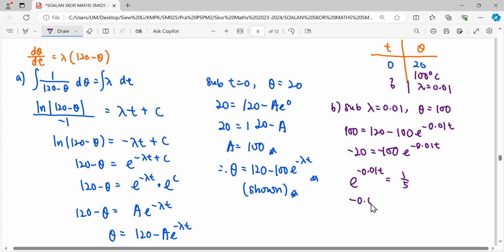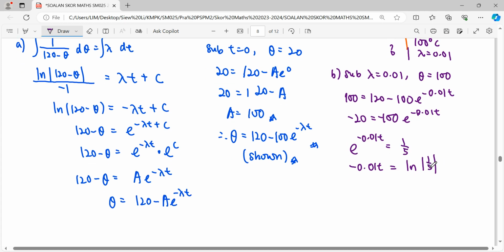Then to simplify the exponential, we take log on the right hand side of 1 over 5. So log e will give us ln. Then t here will be ln of 1 over 5 over negative 0.01. So the answer will be 160.9.